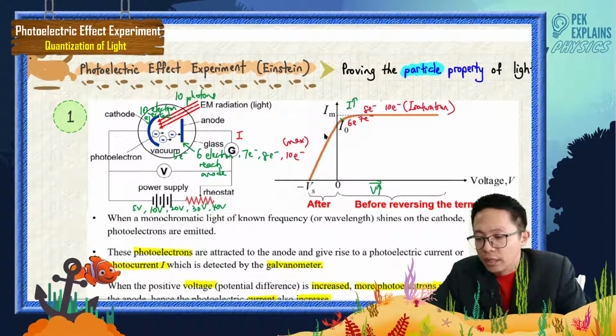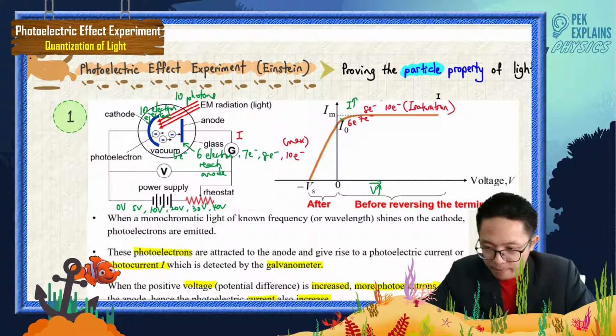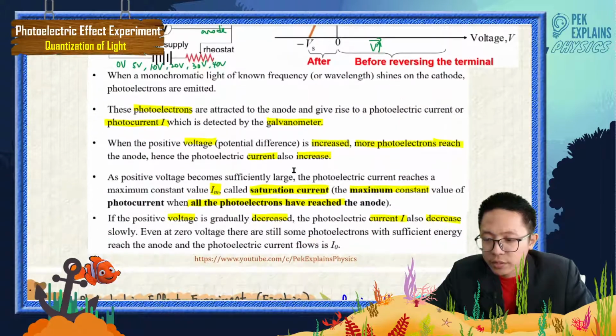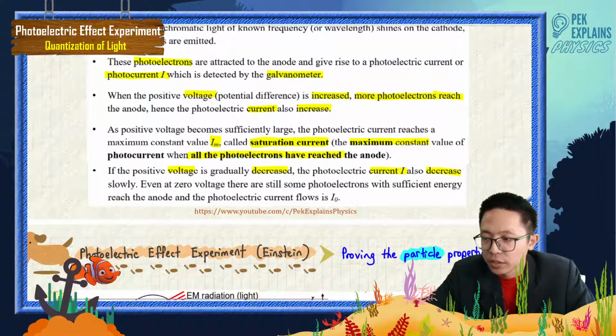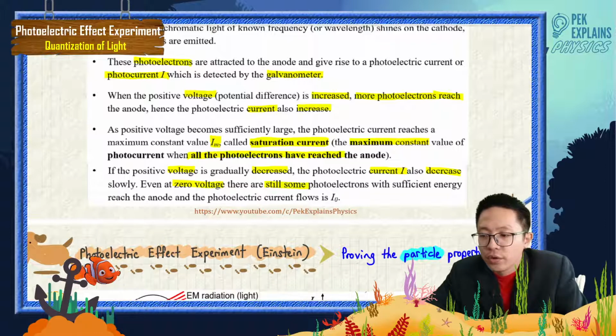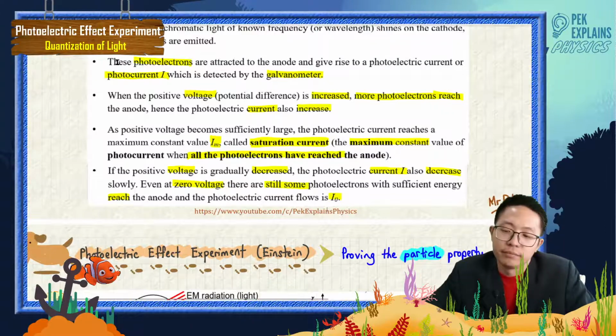So if you decrease the voltage until 0 volt, what will happen? At 0 voltage, there are still some photoelectrons with sufficient energy that reach the anode, and the current now is I naught.